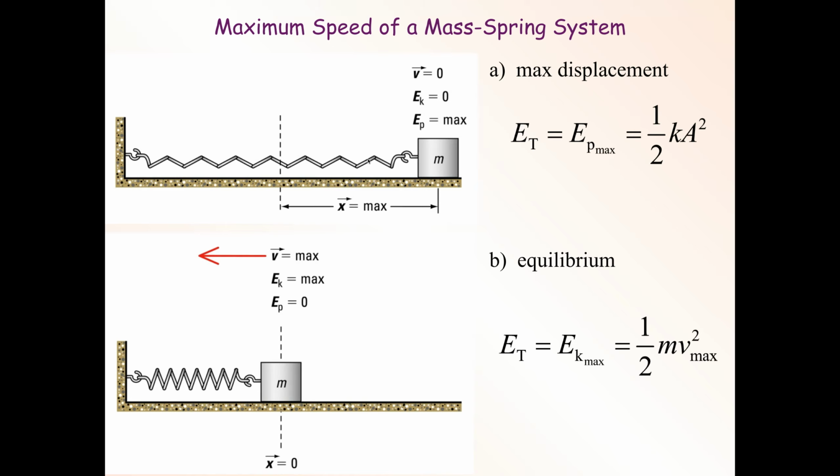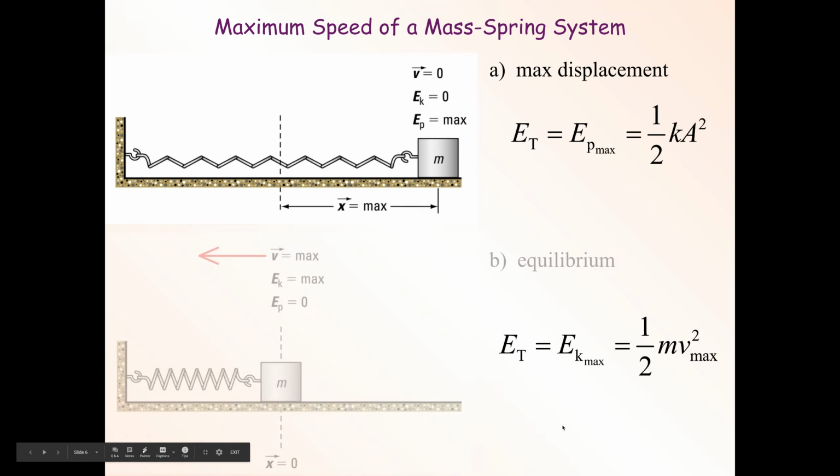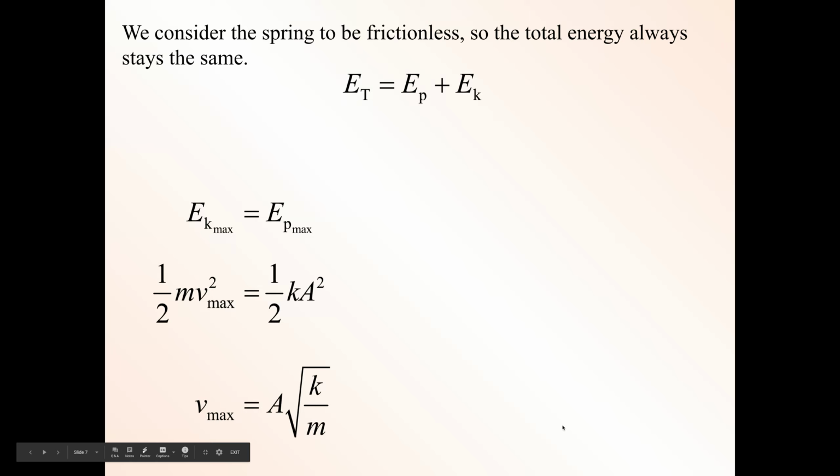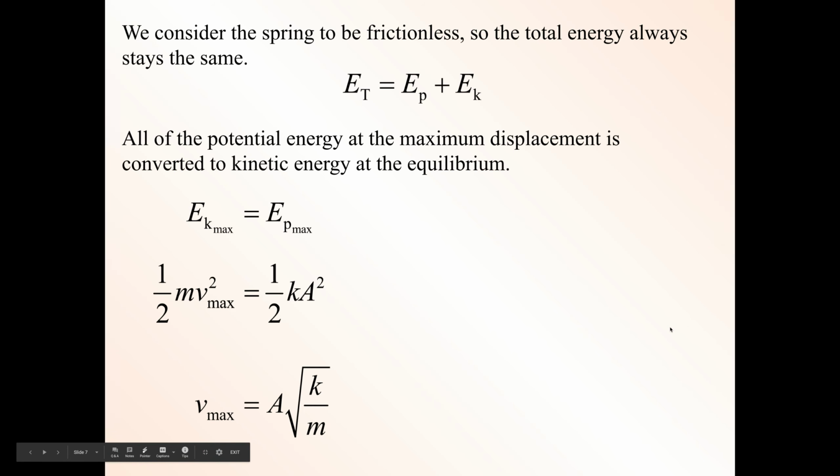If you're at x over here, and it's not at the max, you can find your EP, and then if you know the speed, you can find your EK, and you add those two together to find your EM. We consider the spring to be frictionless, so the total energy is equal to your potential energy plus your kinetic. All of the potential energy at the maximum displacement is converted to all the kinetic energy at equilibrium.